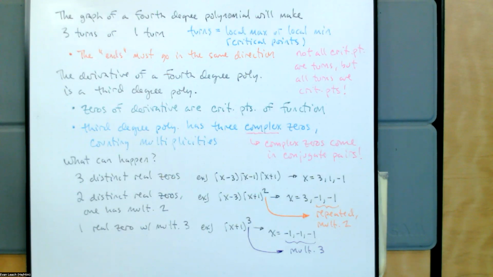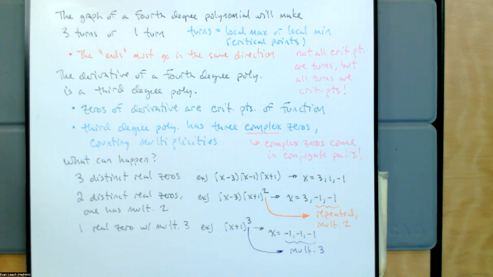If I want to introduce a complex 0, then I have to introduce 2 complex zeros, because complex zeros come in conjugate pairs, unless my polynomial has complex coefficients, at which point, that's an entirely different calculus class if we're dealing with functions with complex coefficients.